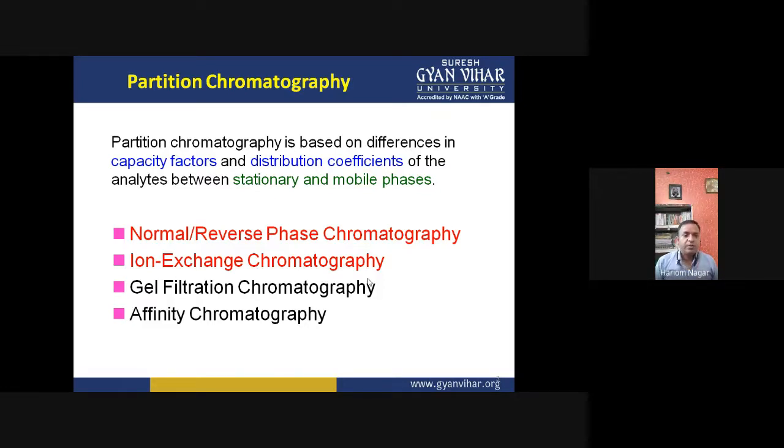Now, partition chromatography can be done by liquid-liquid chromatographic methods.